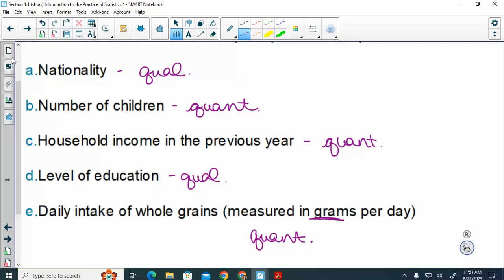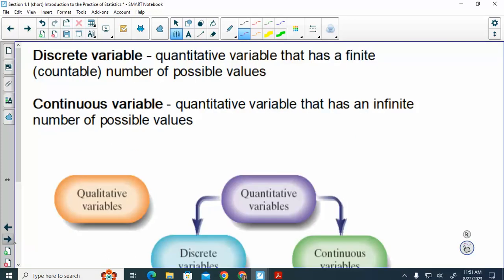discrete and continuous. Discrete means it just has a countable number of possible values. Something discrete: how many pairs of shoes do you own? We can count the number of shoes. Continuous has an infinite number of values.